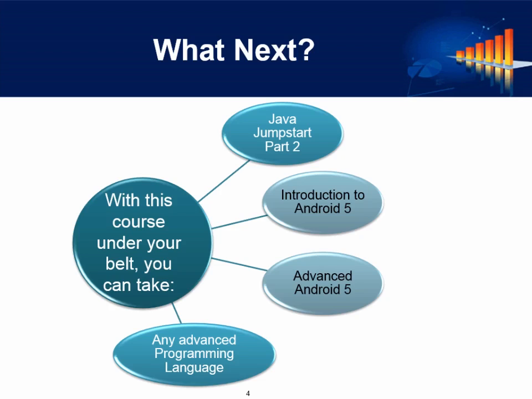Additionally, you can move on to another advanced programming language if you're interested. It's particularly an object-oriented one. Once you have all those basics down, a lot of the concepts apply across languages. But even if it's not an object-oriented language, you can still start with Java and then learn other languages as well. It just depends on what your interests are and what your needs are in terms of what you're looking to do. So there's lots of places that you can go.